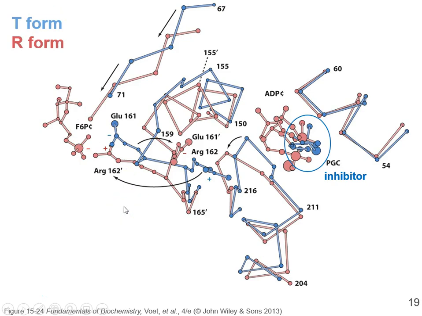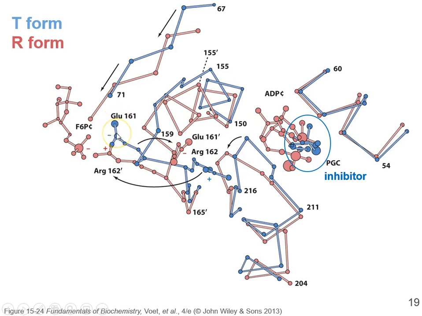And what happens is there's a conformational change that occurs when you go from R to T. That arginine right here swings over, so it's not in the active site anymore, it's sort of buried. And the other thing is that there was a buried glutamate before, but now the glutamate is in the active site.